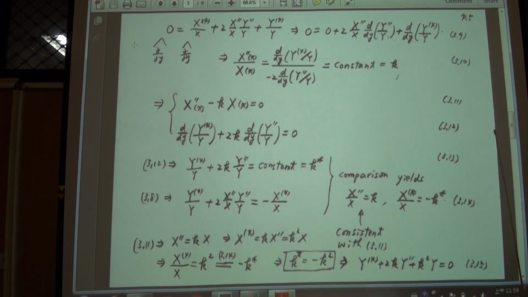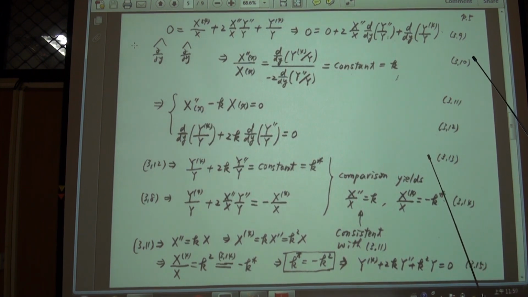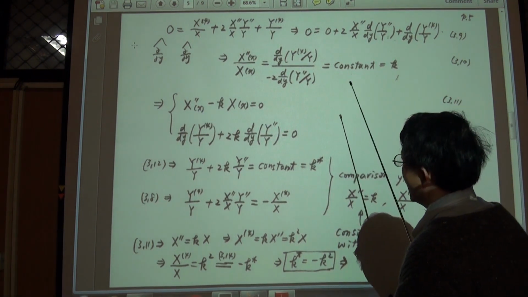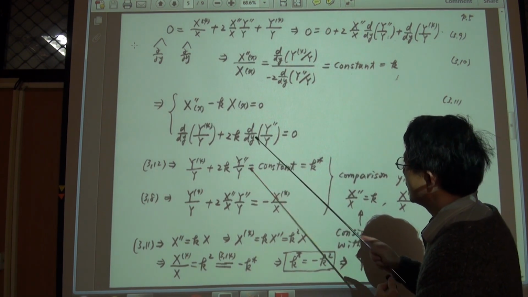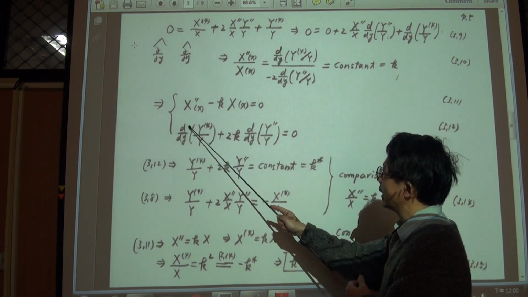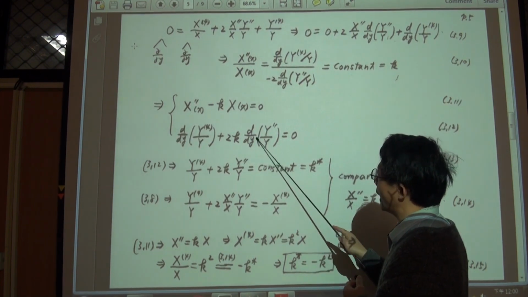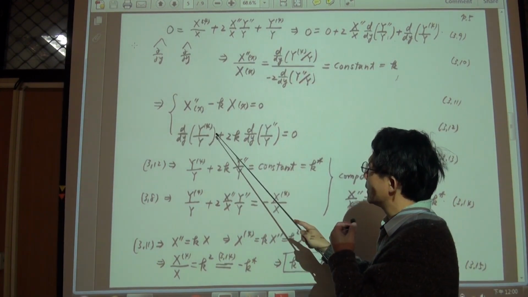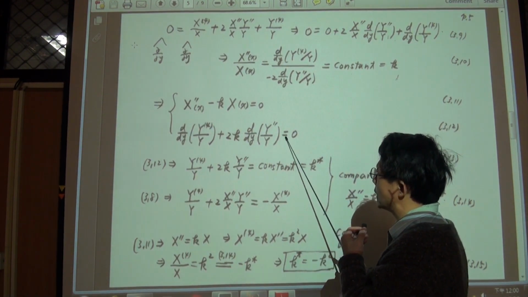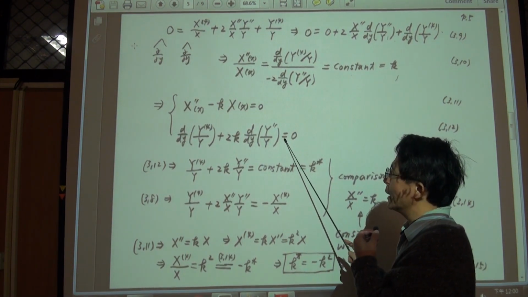Now let us do some detailed calculations. We have a differentiation here, so we integrate this equation with respect to little y.